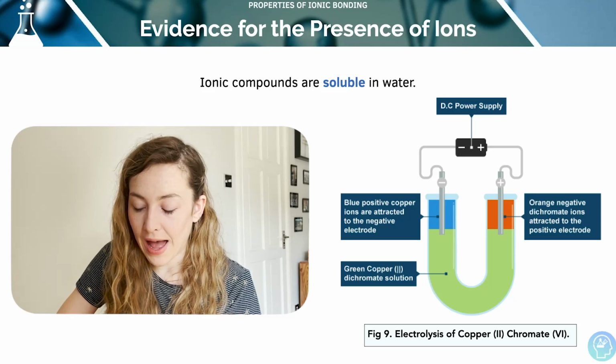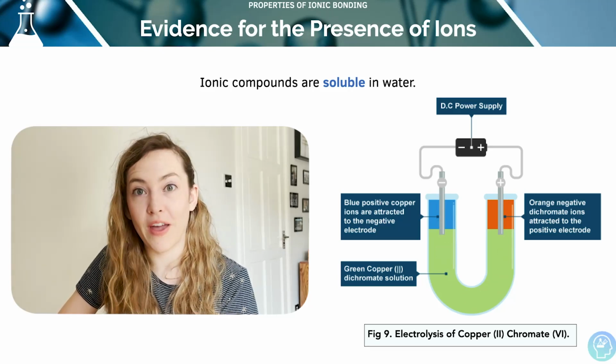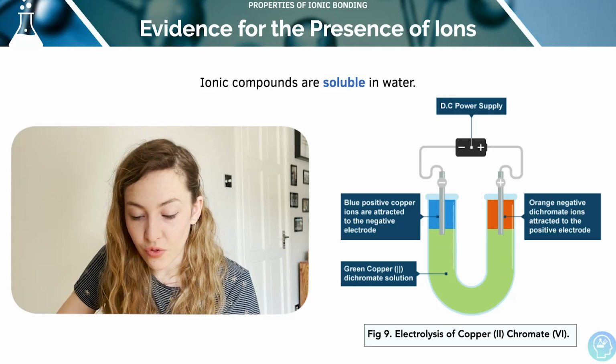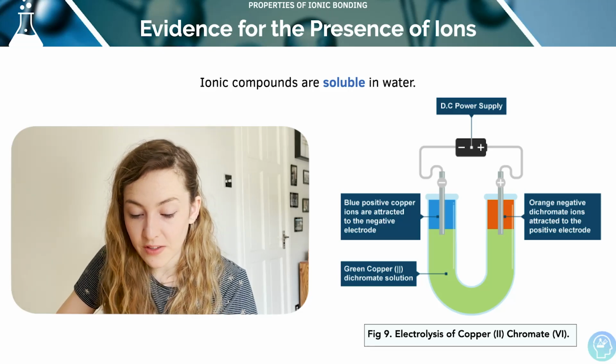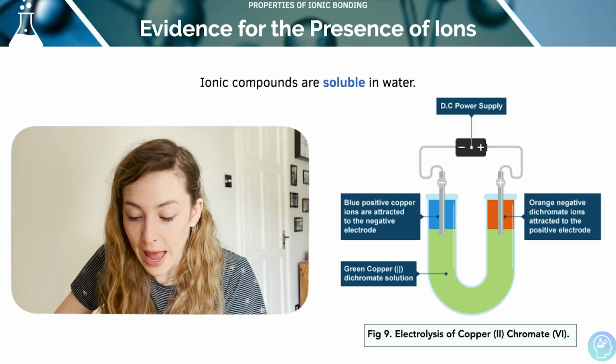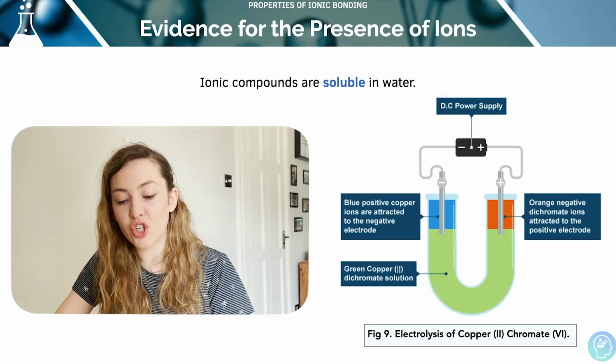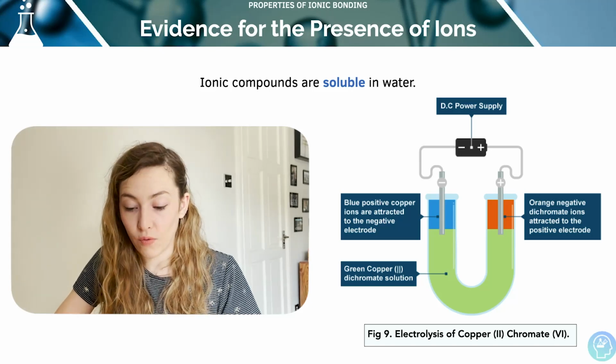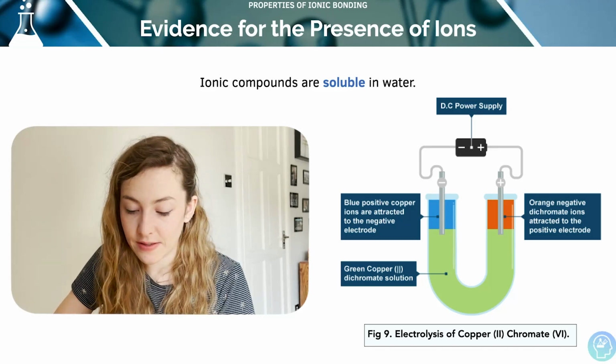Then we have an experiment that can actually prove this. The current theory behind ionic bonding is supported by the physical properties, and we can show the migration of ions when they're dissolved. We can use electrolysis for this.